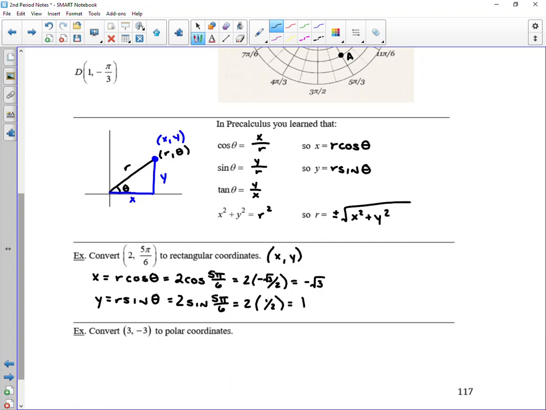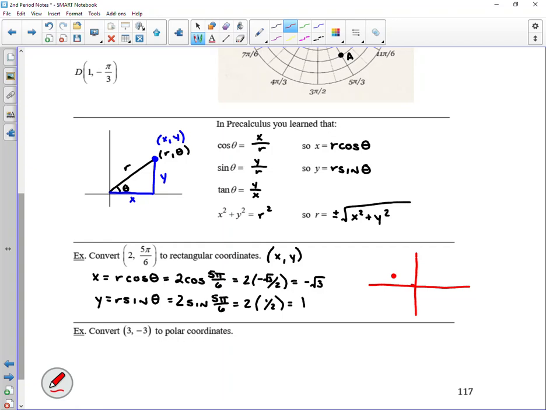Okay. So, on a graph, these are kind of important to recognize. On a graph, the 2 comma 5 pi over 6 is right here, right? Out 2, over an angle of 5 pi over 6, right?